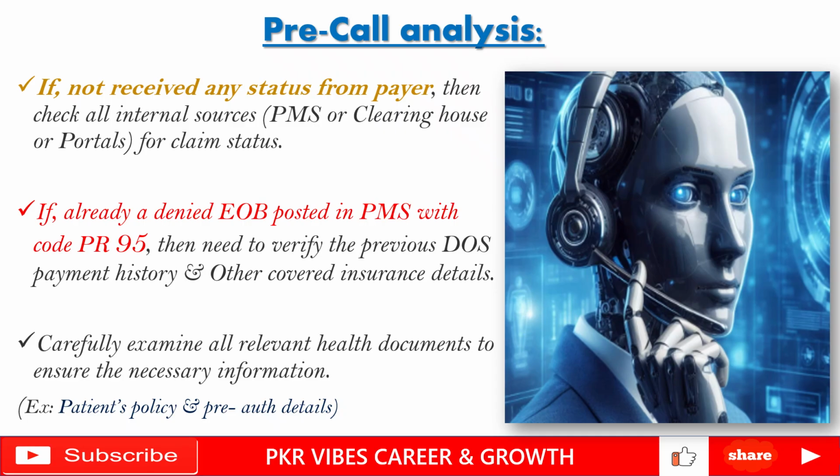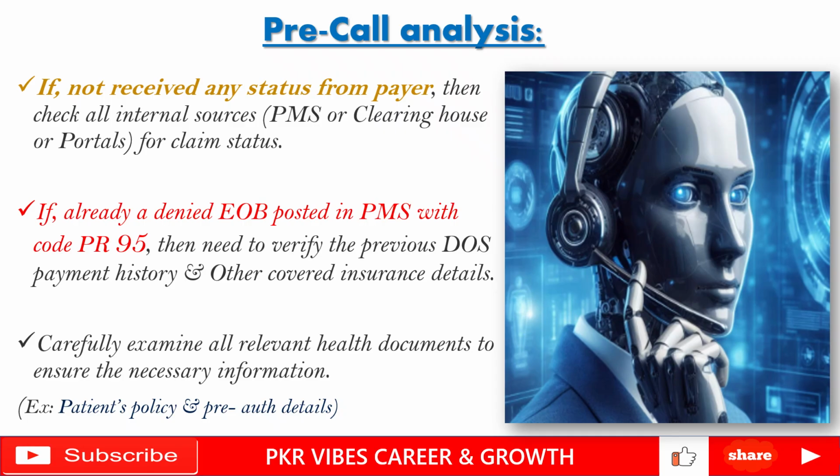And carefully examine all relevant health documents to ensure the necessary information. Sometimes PR95 might be related to service details, and sometimes it is related to patient policy details, as per which this kind of service is not covered. At that time, we have to understand clearly why this denial comes, either patient policy or service details.